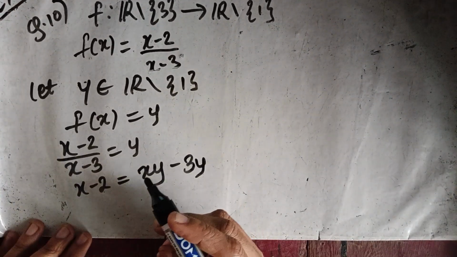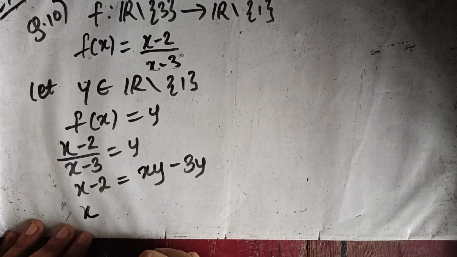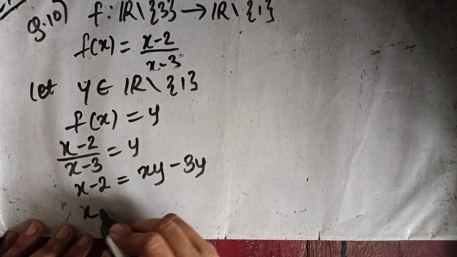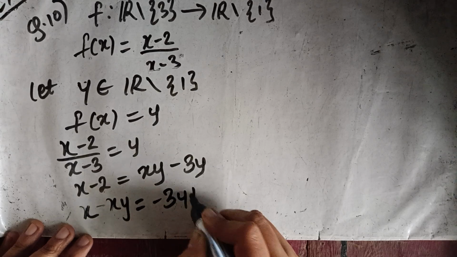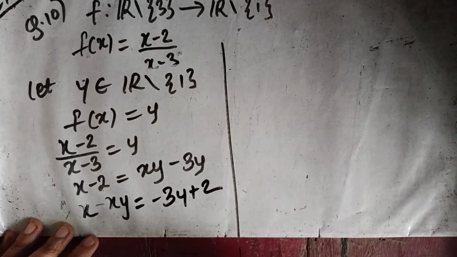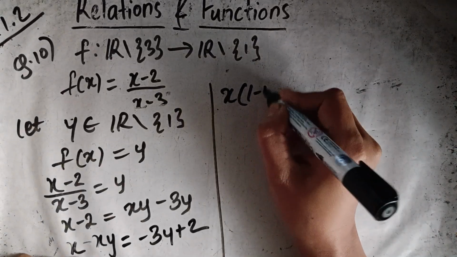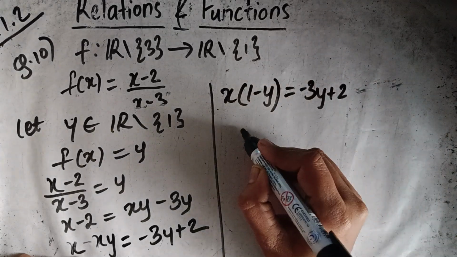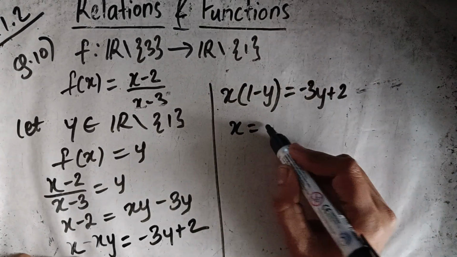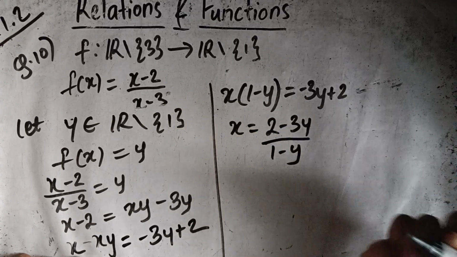Take the x term to this side and the 2 term to that side. So you can take x common: x(1 minus y) equals 2 minus 3y. So x is equal to (2 minus 3y) upon (1 minus y).